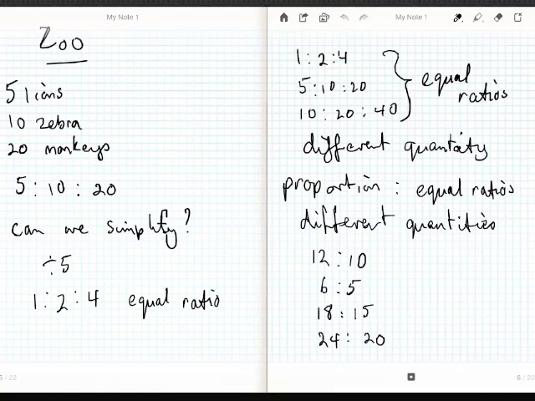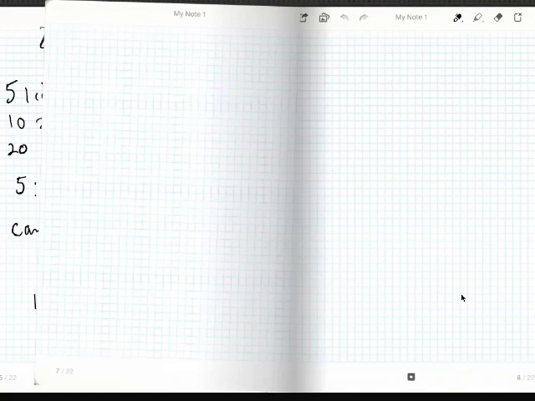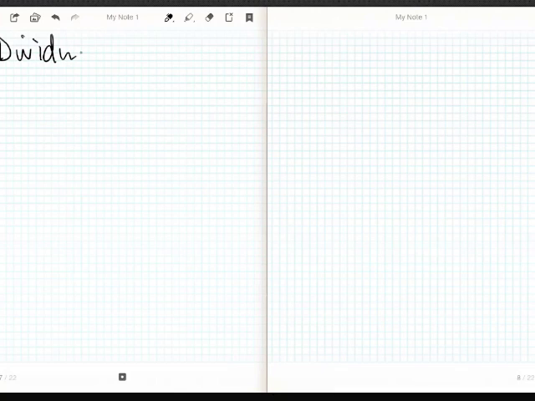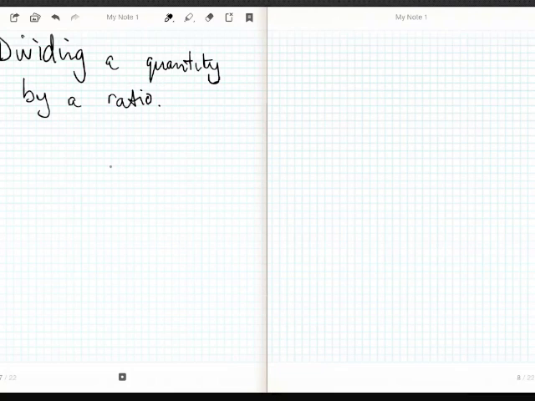Now, the last part of the lesson is looking at dividing a quantity by a ratio. Let's have a look at our class again that we had. We had 12 boys and we had 10 girls.